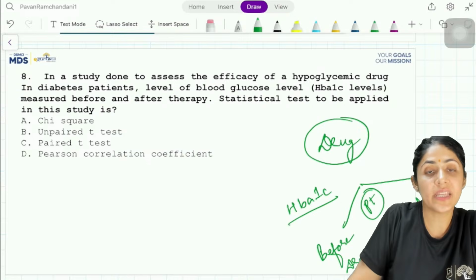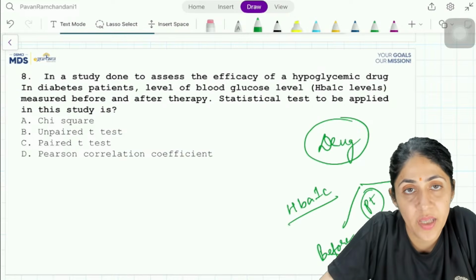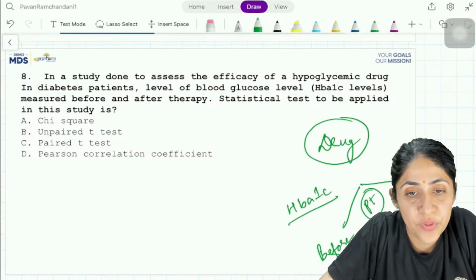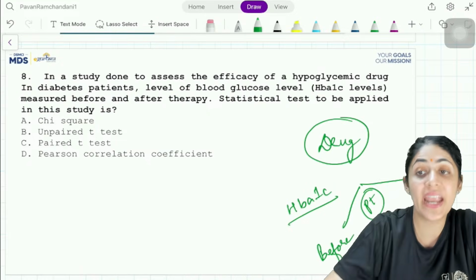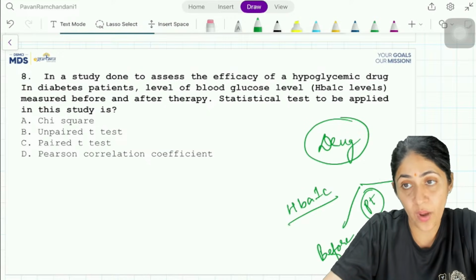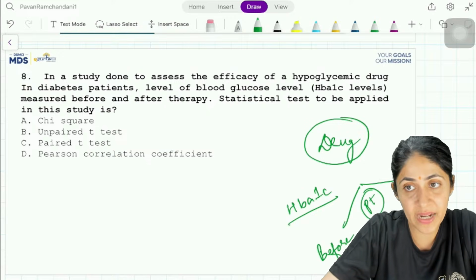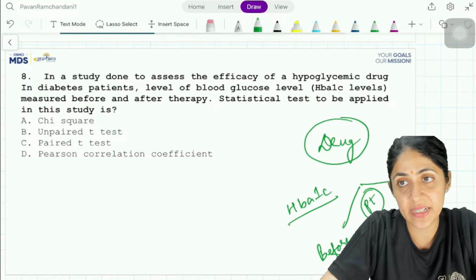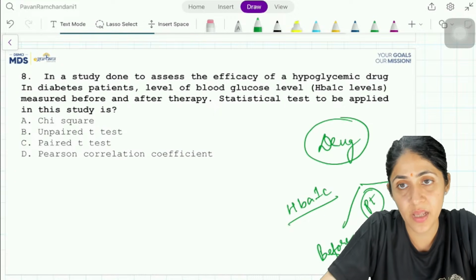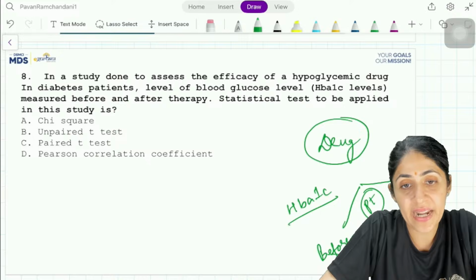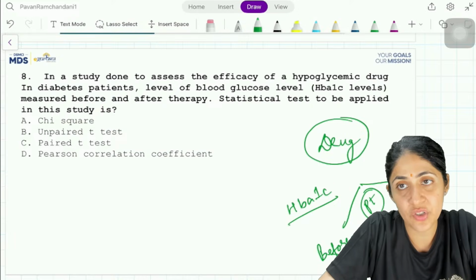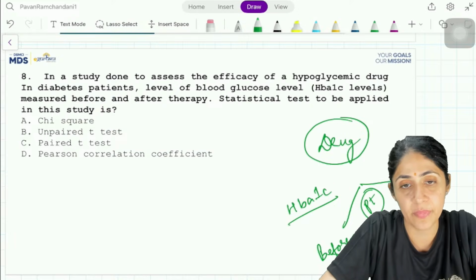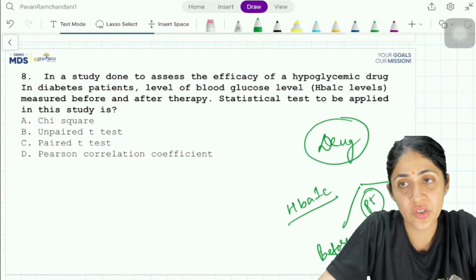What test is to be applied? I hope you know the answer. In this case, the answer would be paired t-test. Why will it not be unpaired t-test? The answer is very simple, because paired t-test is used when the observations are on the same individual.